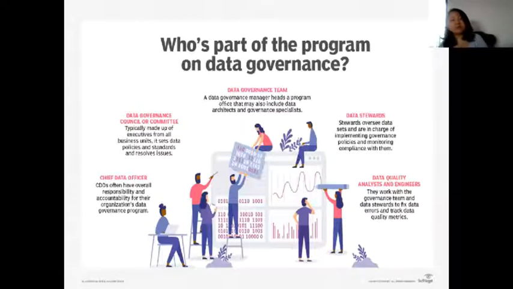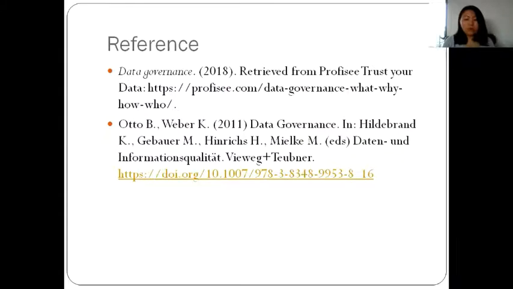And third one is data governance team, who is helpful to include data architects and governance specialists. And data stewards, second last, they are in charge of implementing governance policies and monitoring compliance with the team. And data quality analysts and engineers, they work with the governance team and also fix data errors and quality metrics. So that's it.